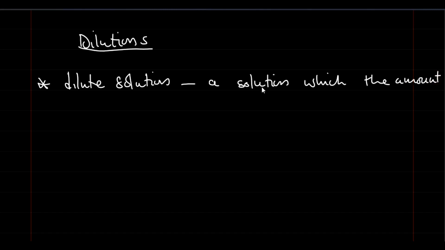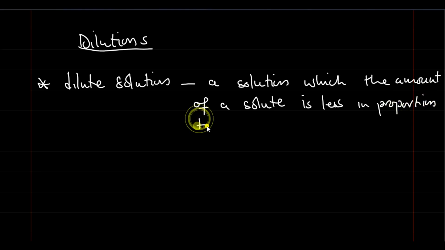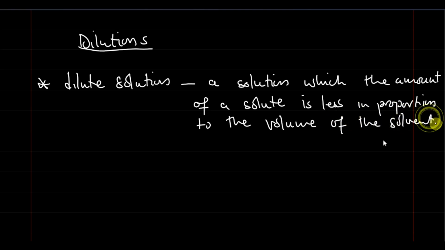A solution in which the amount of a solute, the amount, I mean moles, is less in proportion to the volume of the solvent. Okay, this is a general definition of dilution.